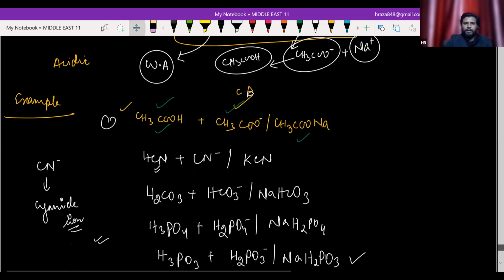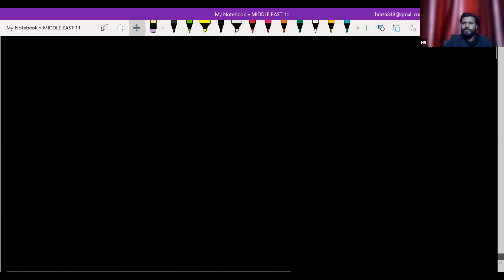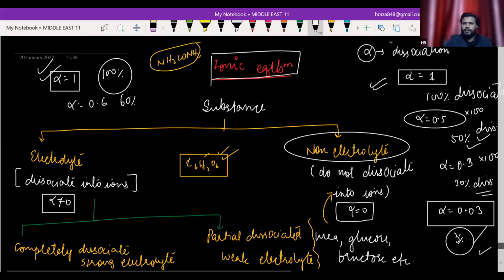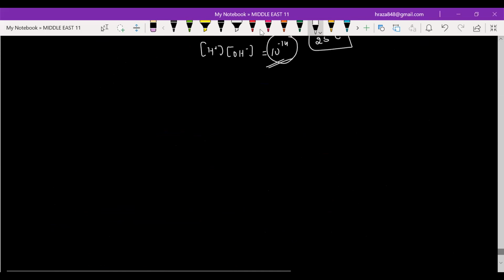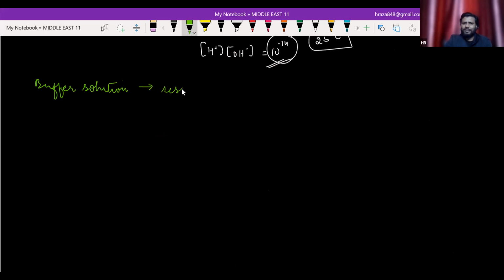What is acidic buffer? Basically, we just covered only the acidic buffer, right? Yes, sir. So I'm going to revise it a little bit. Buffer solution first. What is buffer solution? A mixture which resists the change in pH.